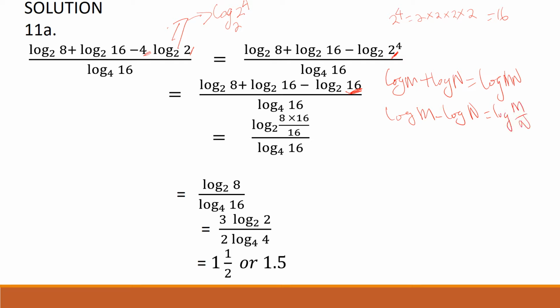I applied it on this numerator since all of them are of the same base. So I'll take log base 2 out. For these ones that are adding, I'll multiply them, 8 times 16. Then for the subtraction, it turns to division by the number, which is 16. So this will cancel and we are left with 8. So this is it here. This is still the same.